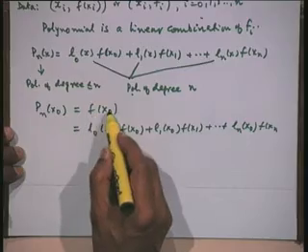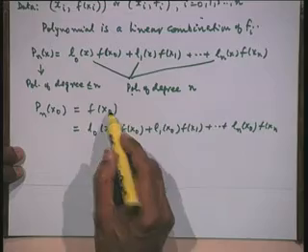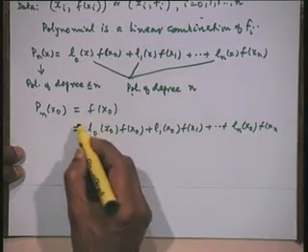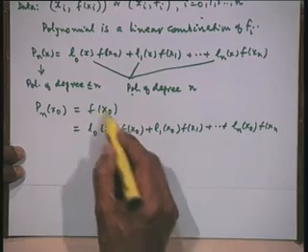Now, this should be equal to f(x_0) only. Therefore, I cannot have f(x_1), f(x_2), because this is an identity. Therefore, this should contain only this.